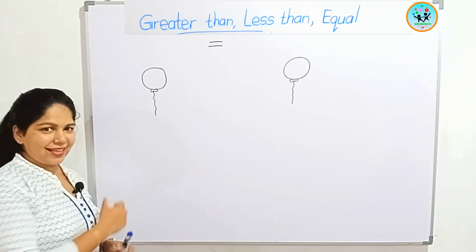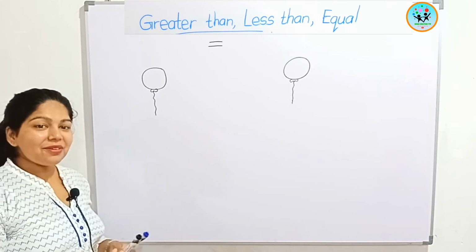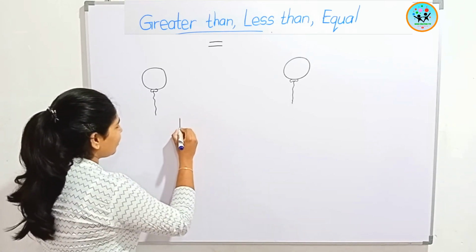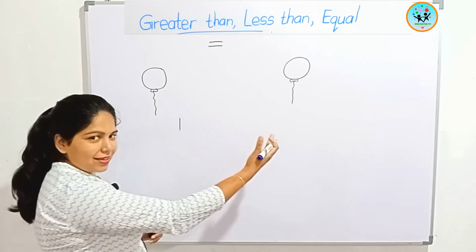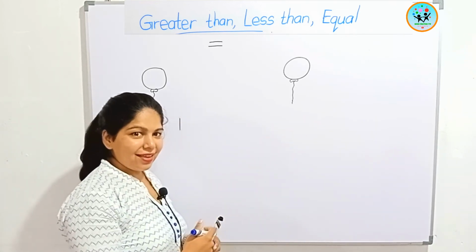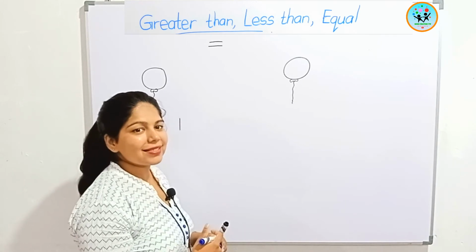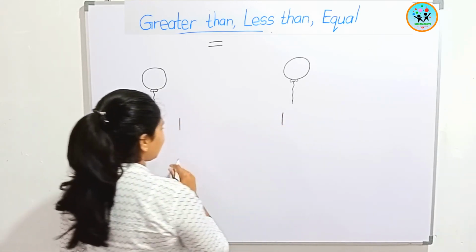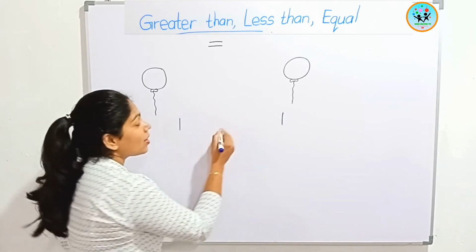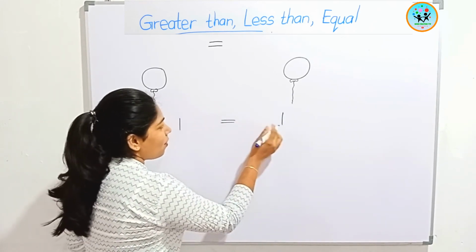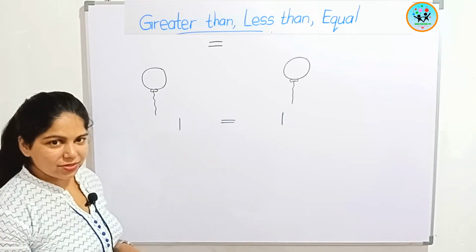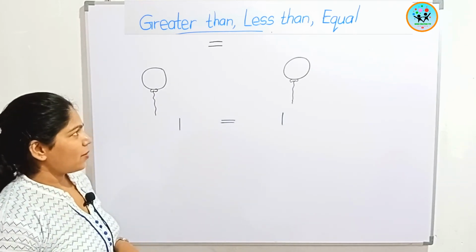How many balloons are here? Yes, only one balloon is here. Next, look at the right side. How many balloons are here? Only one balloon is here. Now you can say 1 is equal to 1. Okay.